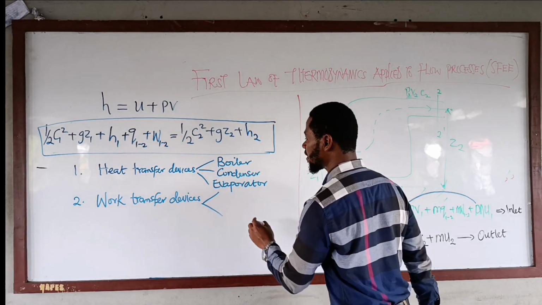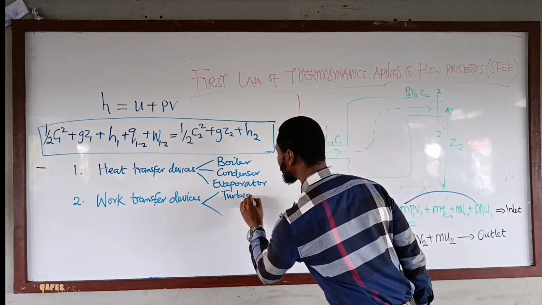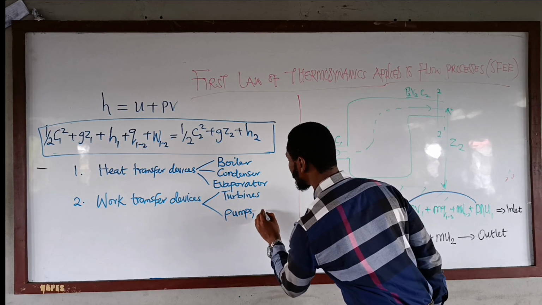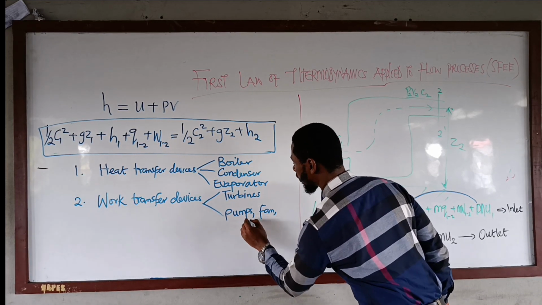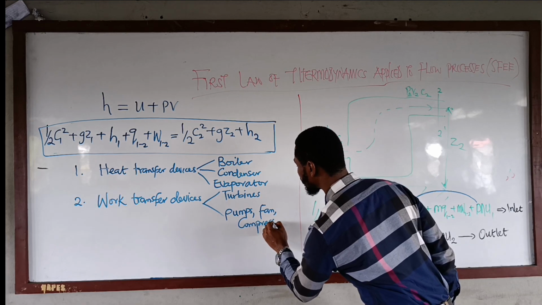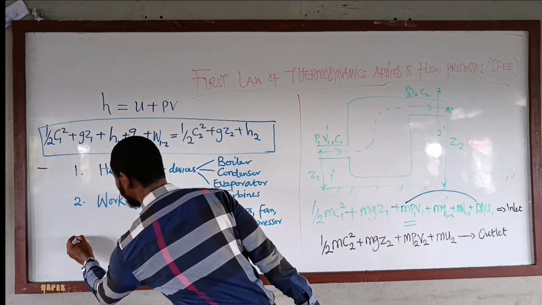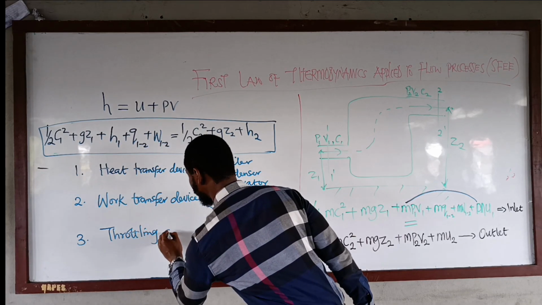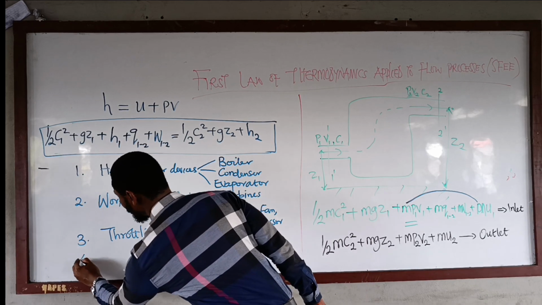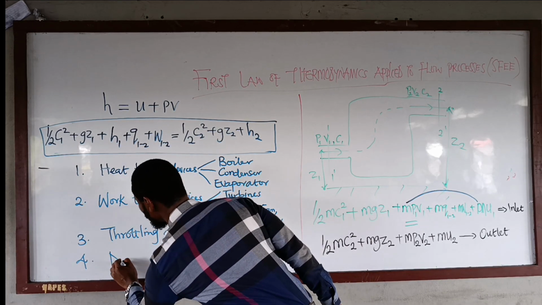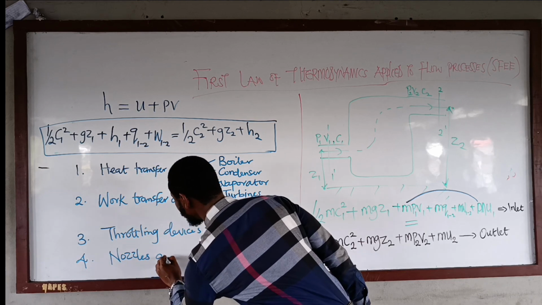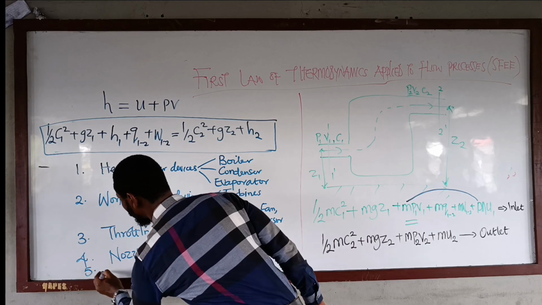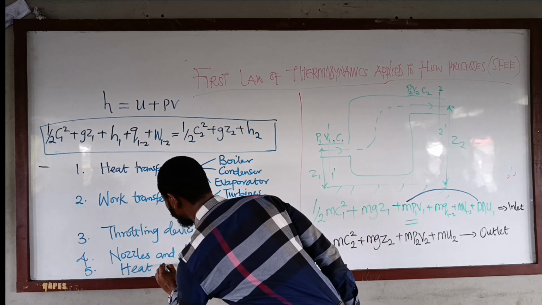Under the work transfer devices, we have the turbine, pumps, fans, compressors, among others. And the third one is throttling devices. The fourth one, nozzles and diffusers. And the last one, heat exchangers.